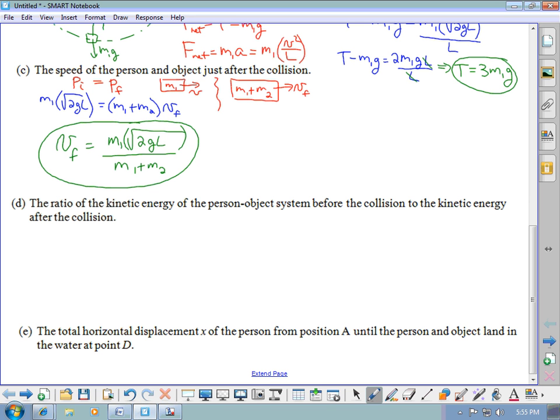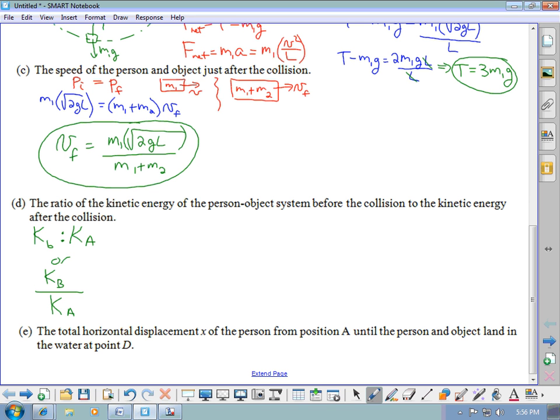But setting up a ratio either means to set this up as the kinetic energy before the collision to the kinetic energy after the collision, or it means to do the kinetic energy before the collision over the kinetic energy after the collision. Either of those are correct ways of setting up ratios.